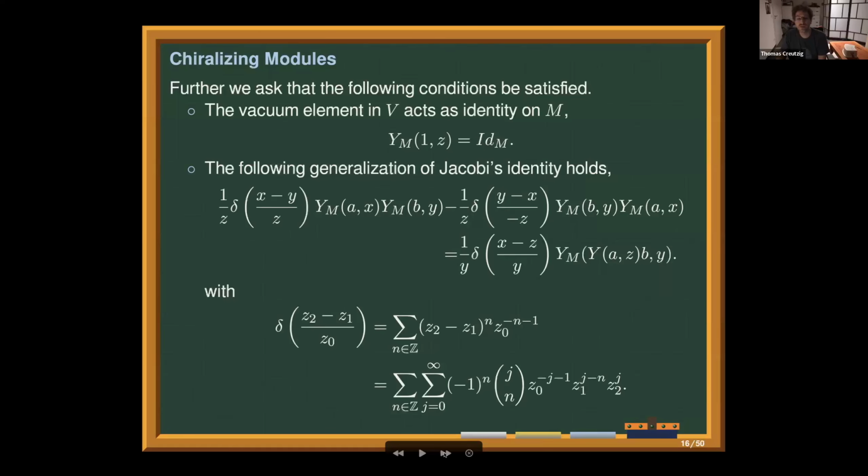So anyway, this is the definition. Not so easy to remember, but maybe one thing one sees is that this identity has some similarity with Jacobi's identity for Lie algebras. This is where it comes from, and it ensures a certain single-valuedness of correlation functions, in fact.